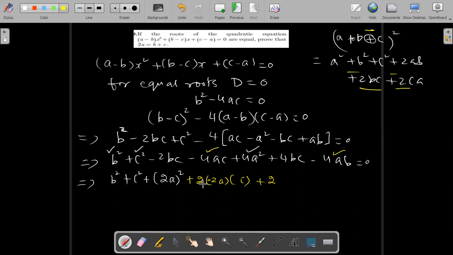4ab can be written as 2 into... yes, you can, first you can write, one minute, I'll tell you. First, you will write according to the formula 2ab plus 2bc plus 2ca.